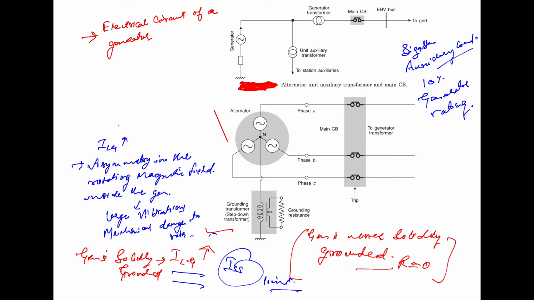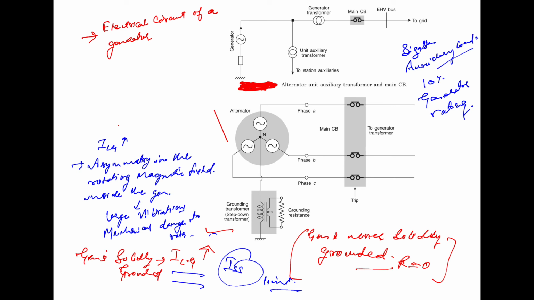This is supplied through a unit auxiliary transformer, shown here in the figure, which is also known as the UAT.